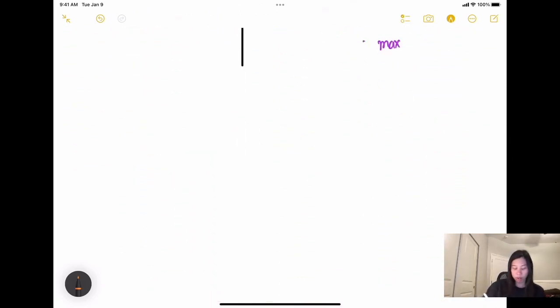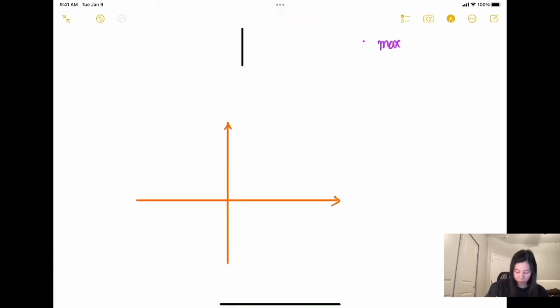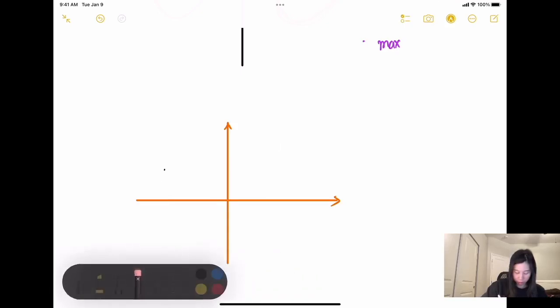So here is a graph. I can give you an example. Here, let me use the black one. Let me give another one.